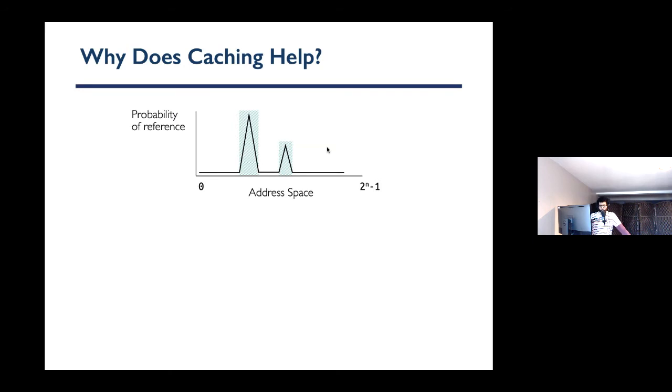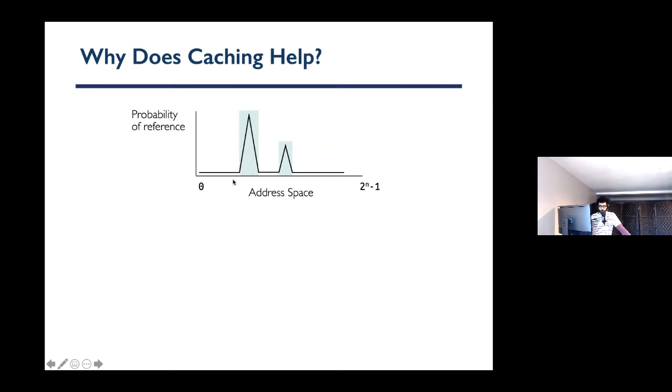So we saw why we should think about caches. Now, the other motivating factor that motivates us to use caches is because we actually have locality when it comes to memory accesses. This is an empirical observation. It's not like a rule or anything.